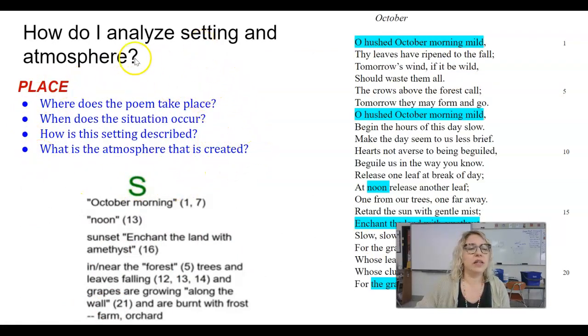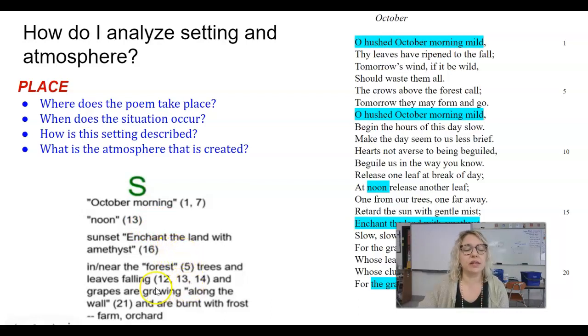When we're analyzing setting and atmosphere, we're really looking at the place and the feelings created through the description of that place. We tackled it a little bit when we did SCASI, because the first S in SCASI is setting. As we talked about how it's an October morning in lines 1 and 7, noon in line 13, and then sunset in line 16.